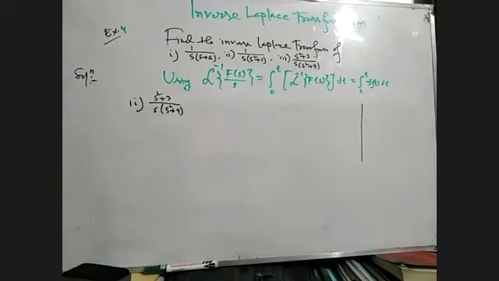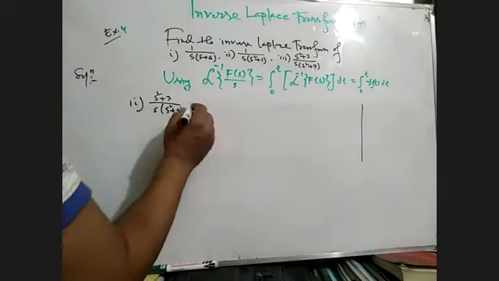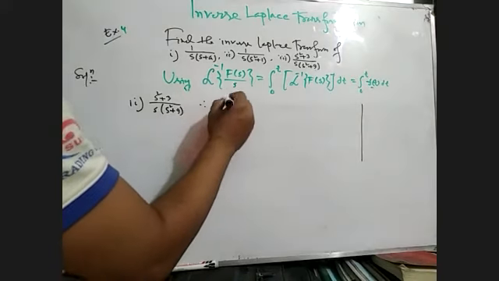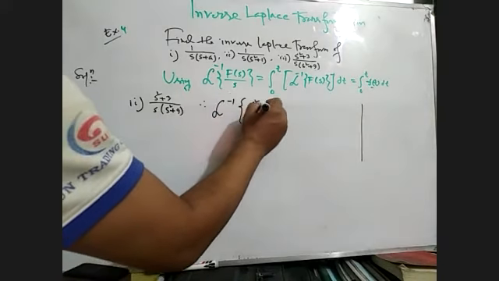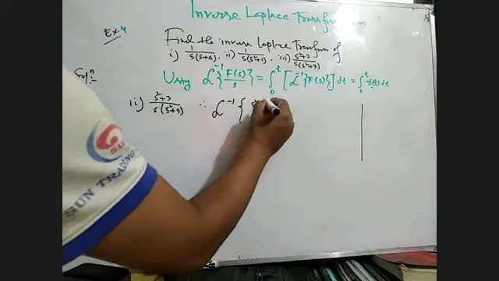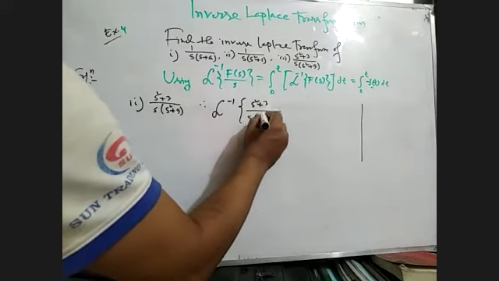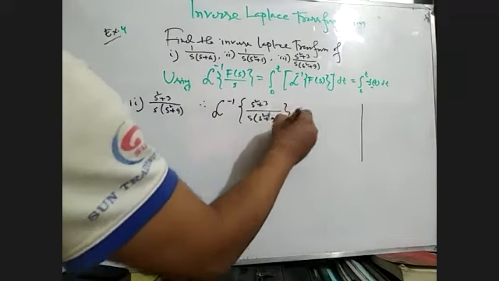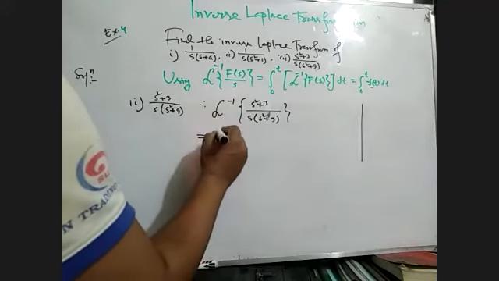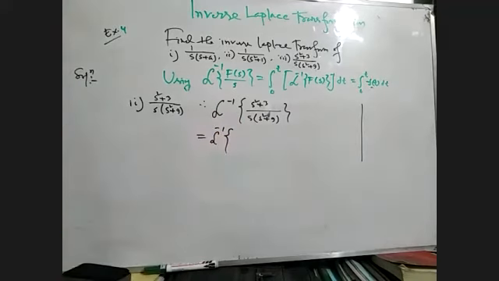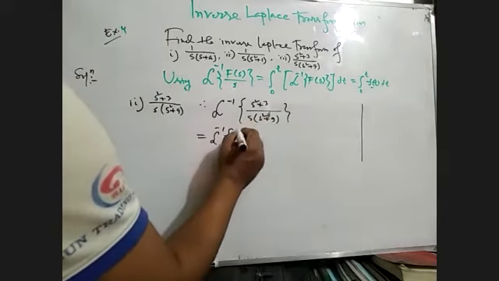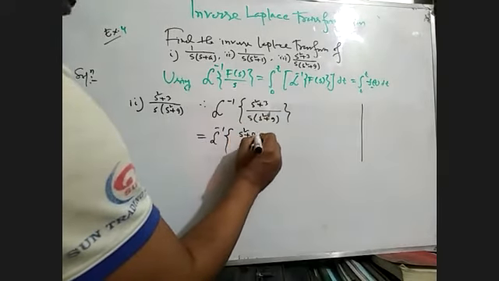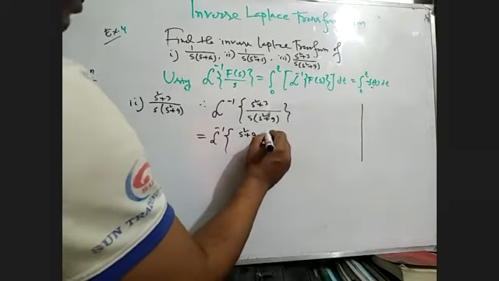This can be written as the inverse Laplace transformation of s square plus 3 divided by s into s square plus 9. Here s square plus 3 can be written as s square plus 9 minus 6.